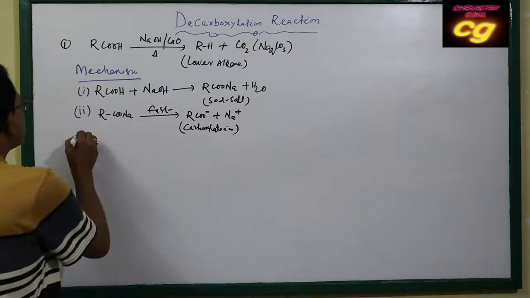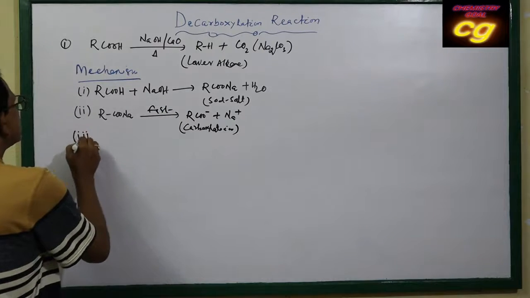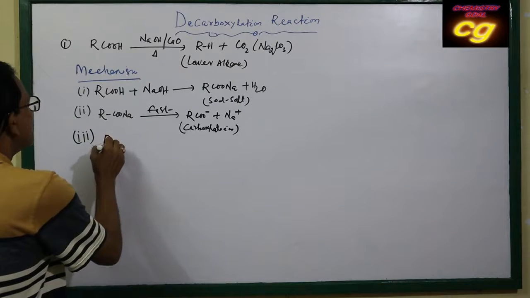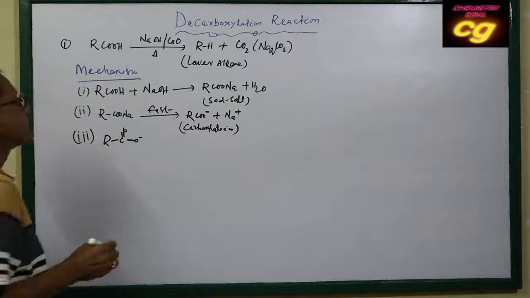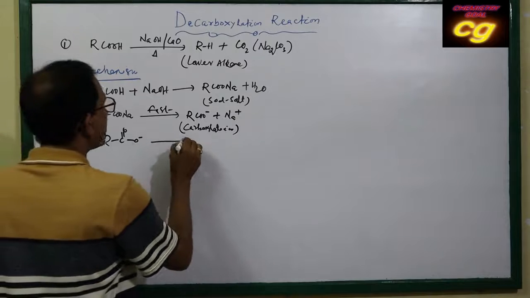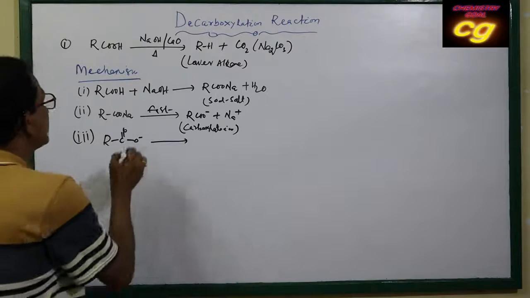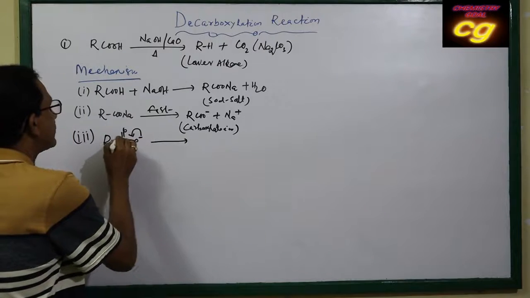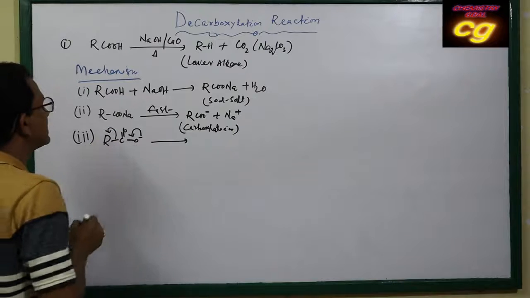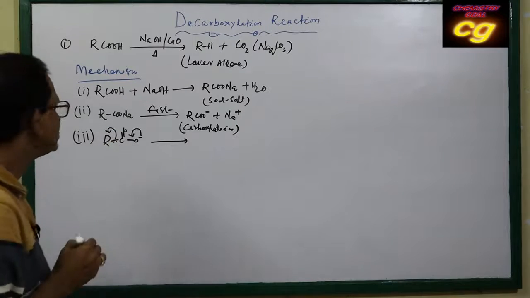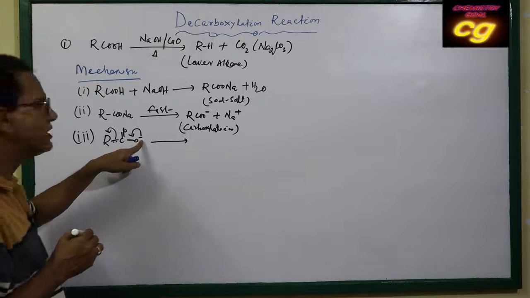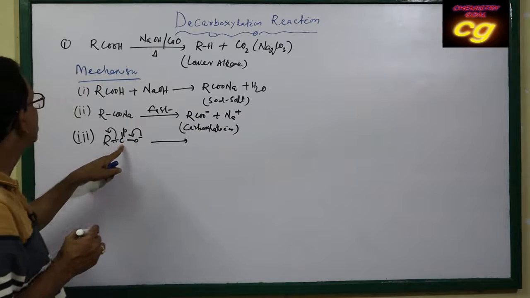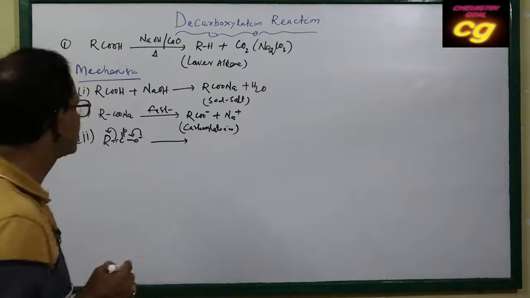But in the third step, what happens? If you see the structure of the carboxylate ion, it loses carbon dioxide. The two electrons in this bond, the minus charge shifting towards carbon, then the R-C bond breaks.